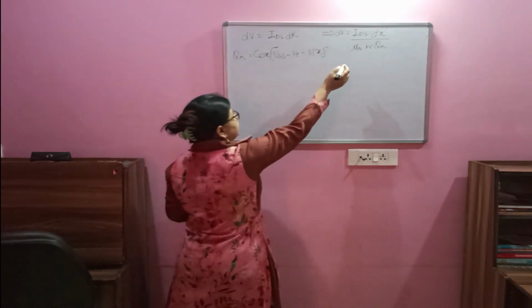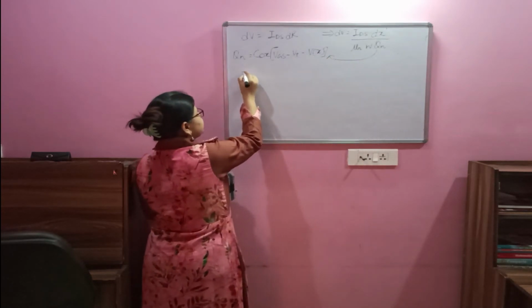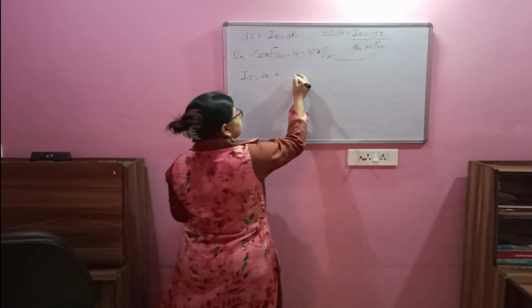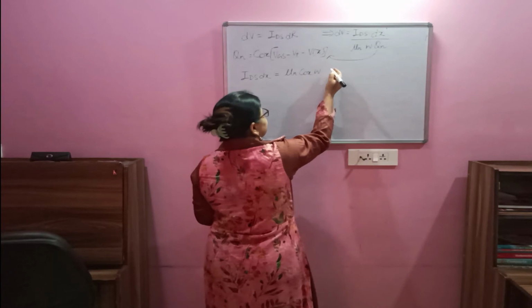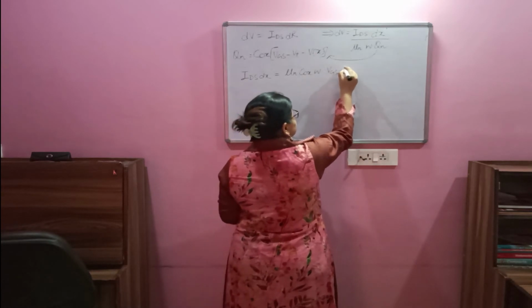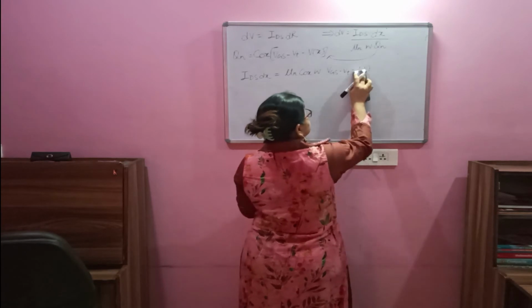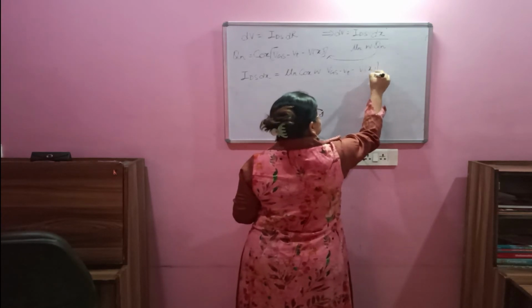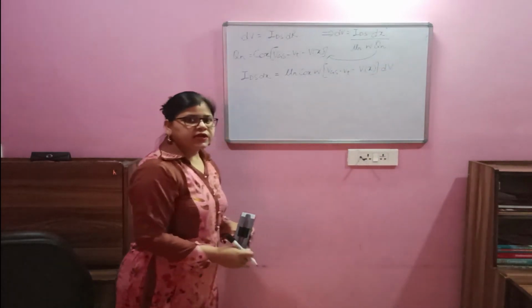So I will be replacing Qn by this equation and rewriting the equation, taking IDS on one side and all other terms on the other side. So this will be written like this.